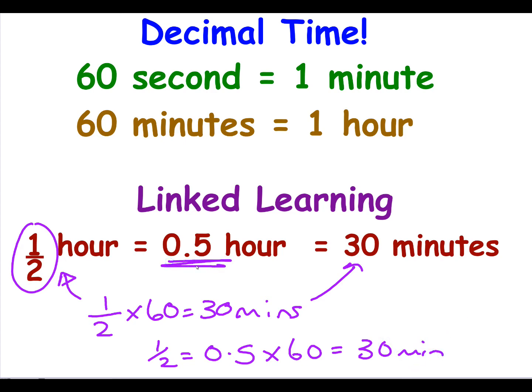So if we multiply what we call decimal time by 60, we can convert it into minutes. So 0.5 of an hour is 0.5 times 60, because there are 60 minutes in our hour.